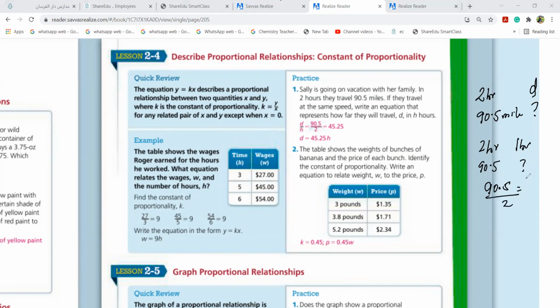When you divide this, I get 45.25. So 1 hour is 45.25. But in the question, they ask you for d hours. D means nothing. Any letter, you don't know the value of d. If you know the value of d, you will multiply with this, right? Like this, you will divide, and this you will multiply, right?